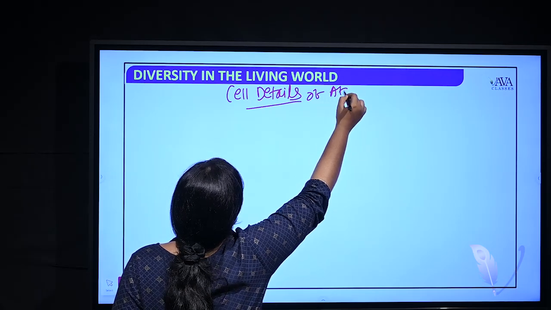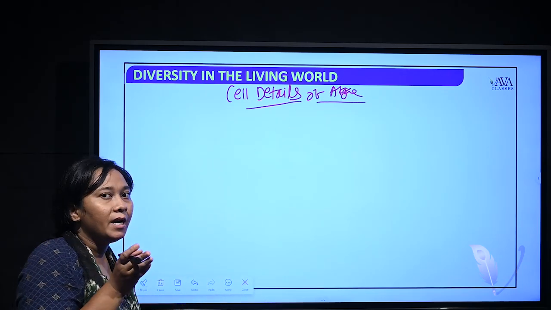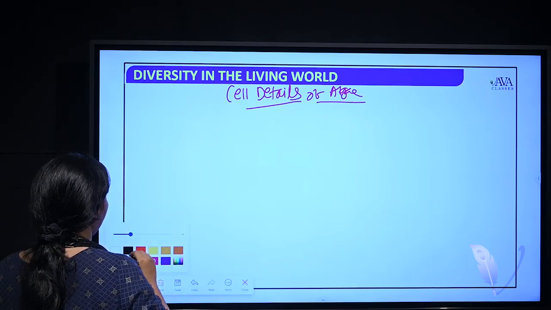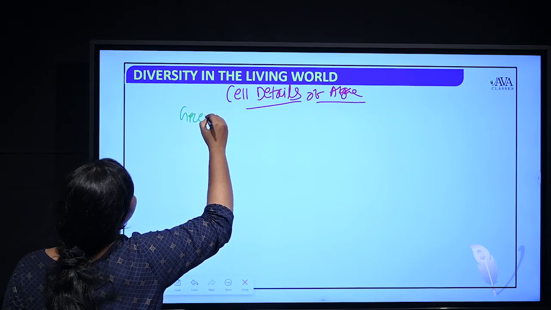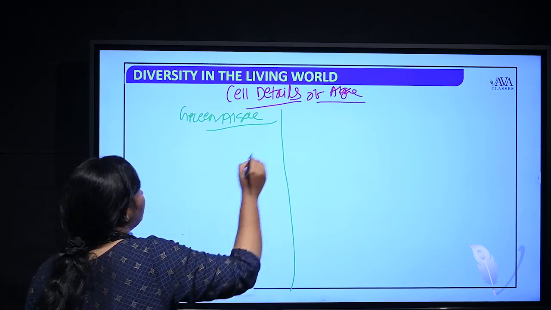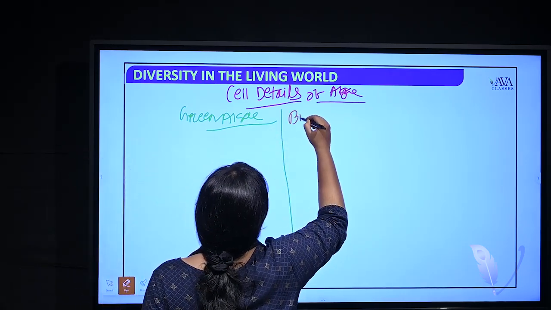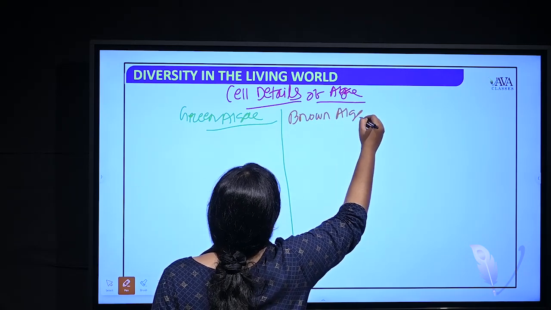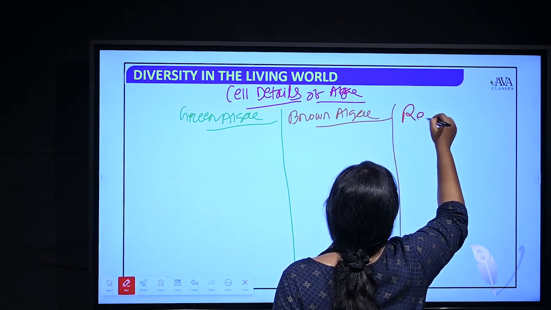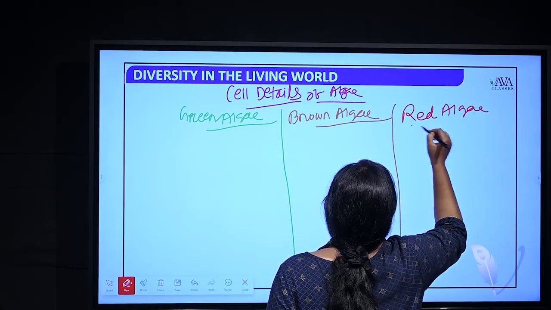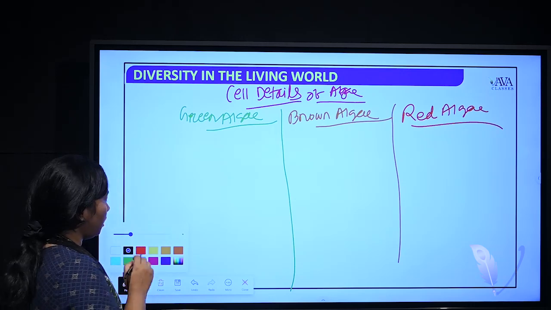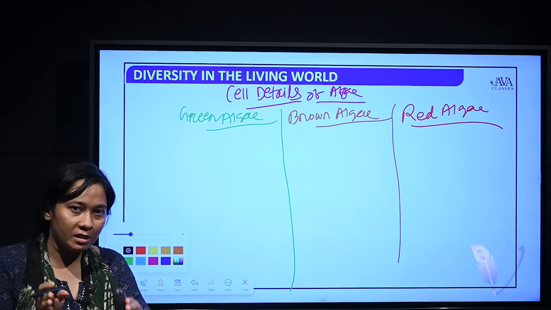When we study the cell details of algae, we generally divide algae into three categories: green algae, brown algae, and red algae. In cell details of the algae, we generally study about their specific structures.